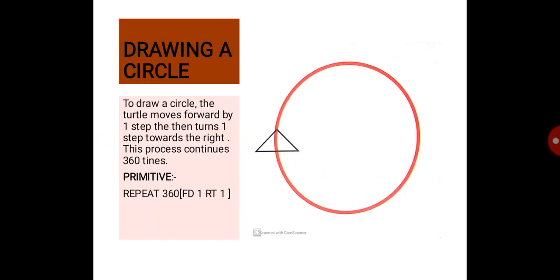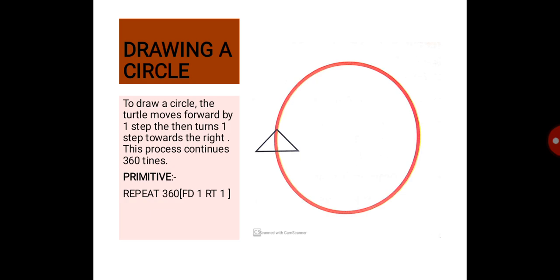Now how to draw a circle? To draw a circle, we can also use the repeat command, because drawing a circle normally is very hectic for us. To draw a circle, firstly the turtle has to move forward by 1 step, and then again it has to turn 1 step towards the right, and this process continues up to 360 times.